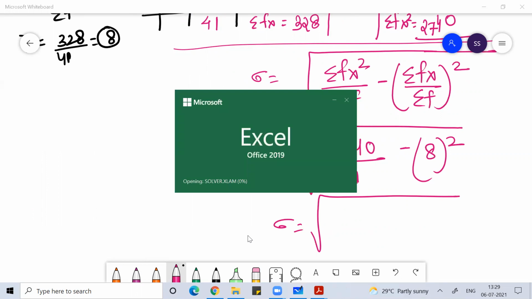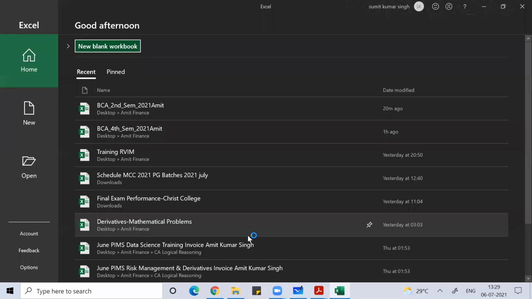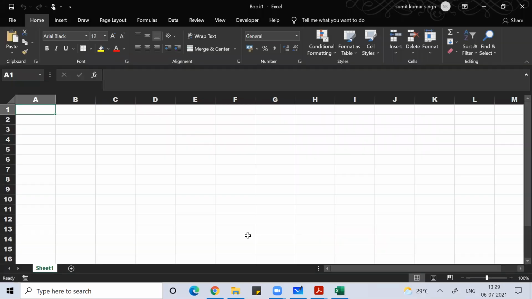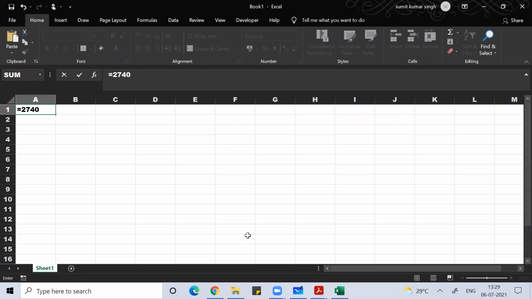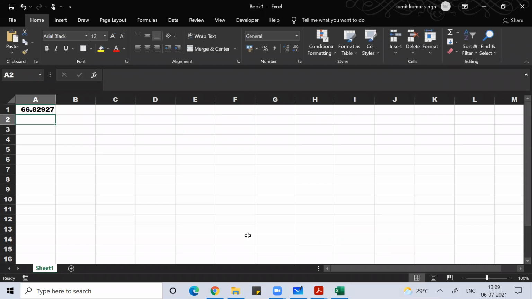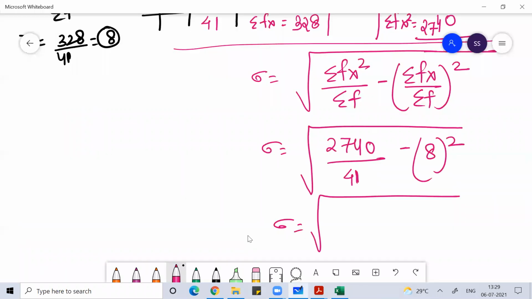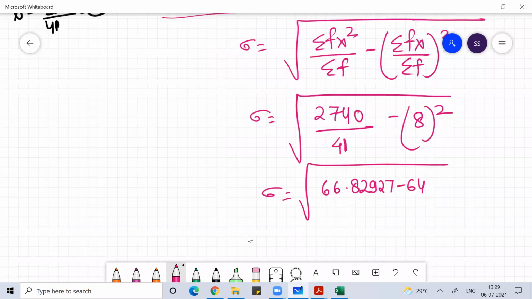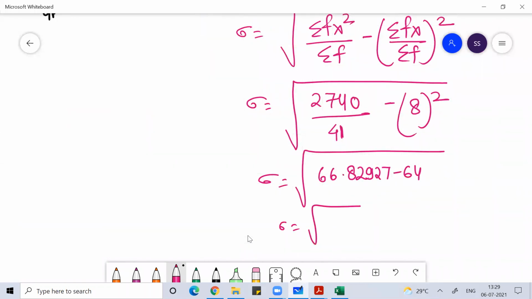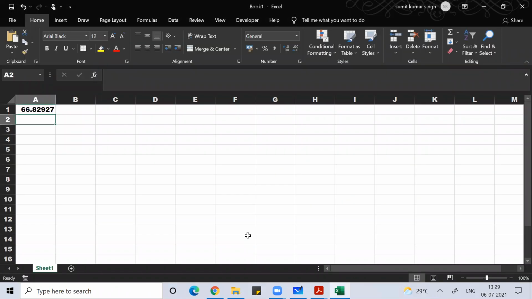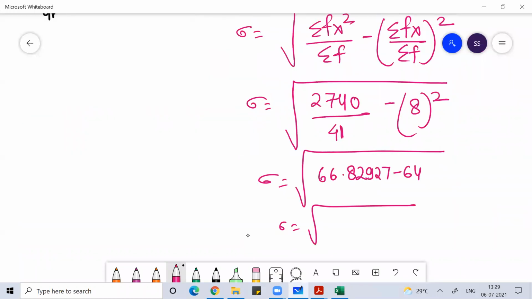2740 by 41 is 66.829. 66.82927 minus 64 gives 2.82927.